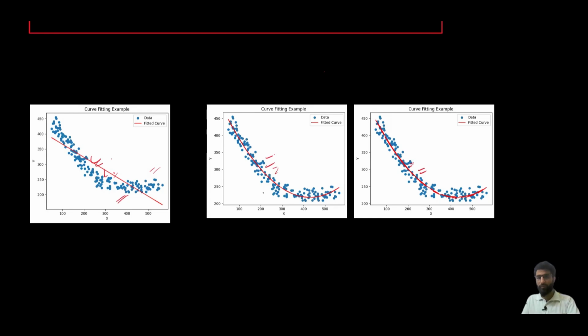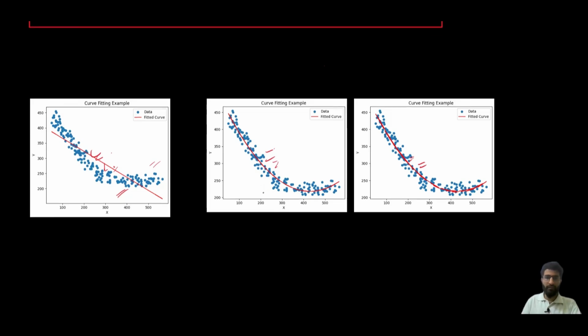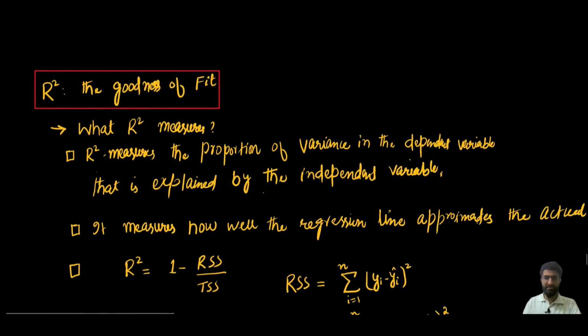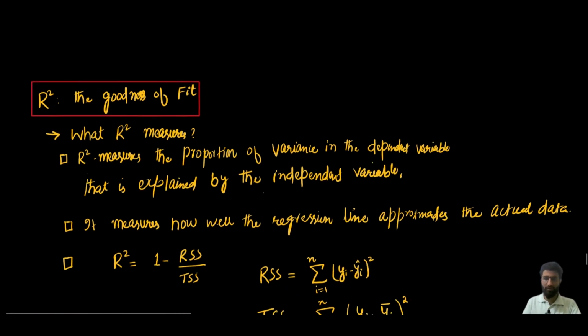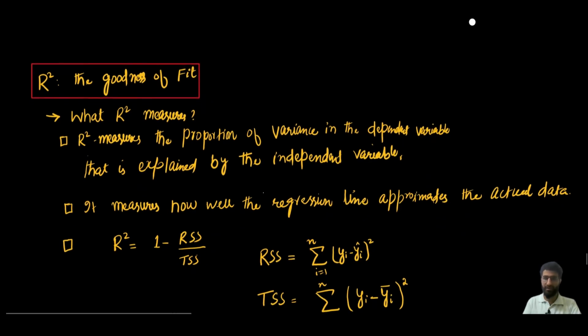Now, for a few data points, the job may look easier, or we can do it visually. But what if you have millions of data points with you? How can you do it for that? So we need to define a measure of goodness of fit that we call in statistics the R square value.